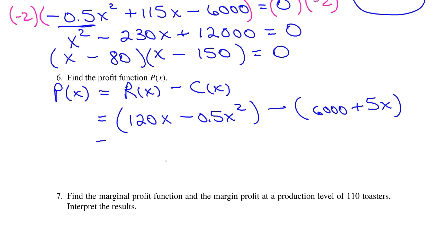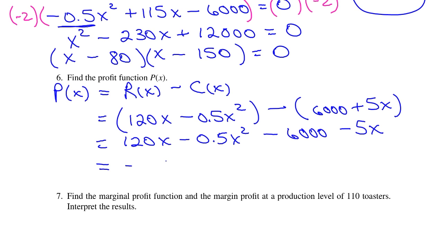Distribute the negative on the right side here. And then rewrite in descending power order. So negative 0.5x squared plus 115x minus 6,000.